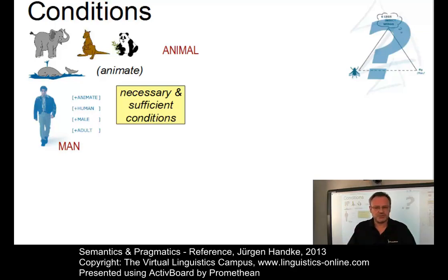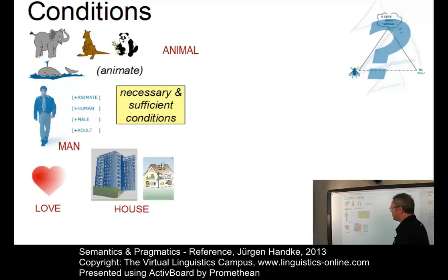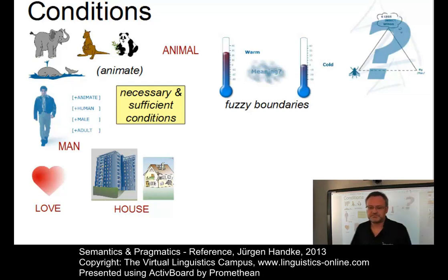Despite its intuitive appeal, this approach has a number of shortcomings. The meanings of concepts such as LOVE or HOUSE cannot be captured by means of necessary and sufficient conditions. There are too many variants and it is too abstract. A description of a category in terms of conditions implies that it has a sharp, fixed boundary.